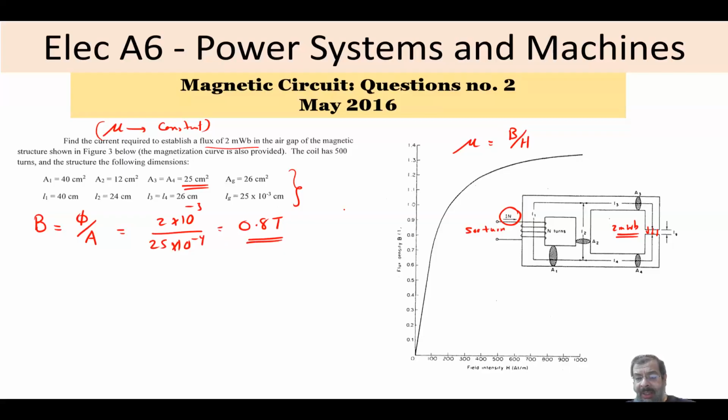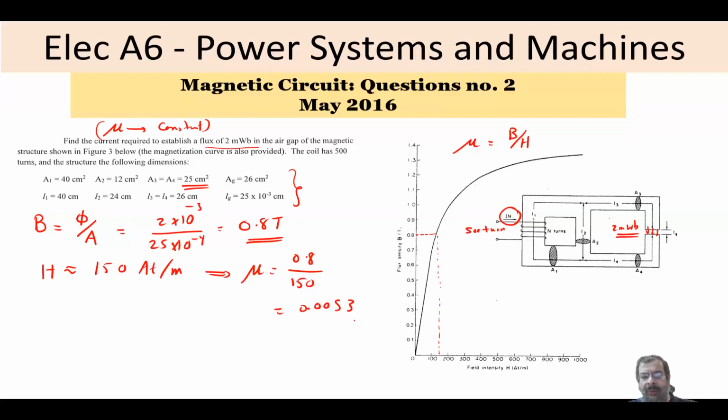Once you know your B, 0.8, you can find H from the curve. You will not be able to find the exact value, so you can say H is basically 150 ampere turn per meter, and from this mu is equal to B, 0.8, divided by 150, which is 0.0053.